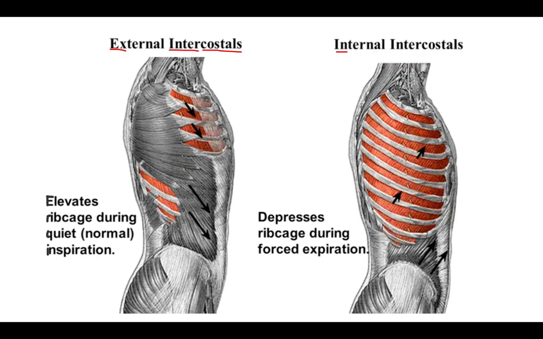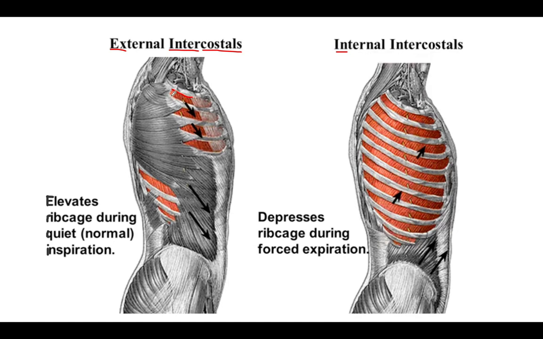Okay. So for the origin, let's just look at this little muscle right here, this one, the external intercostal. It is going to originate on the inferior border of rib 1.